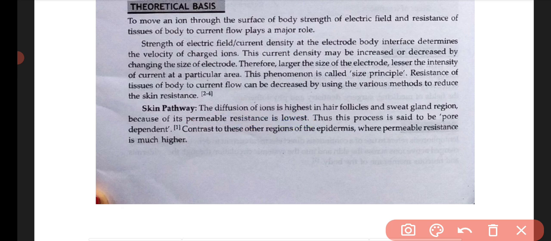Most important point: the resistance is the lowest in the hair follicle area. Thus, this process is said to be pore dependent, in contrast to other regions of the epidermis where the resistance is much higher.